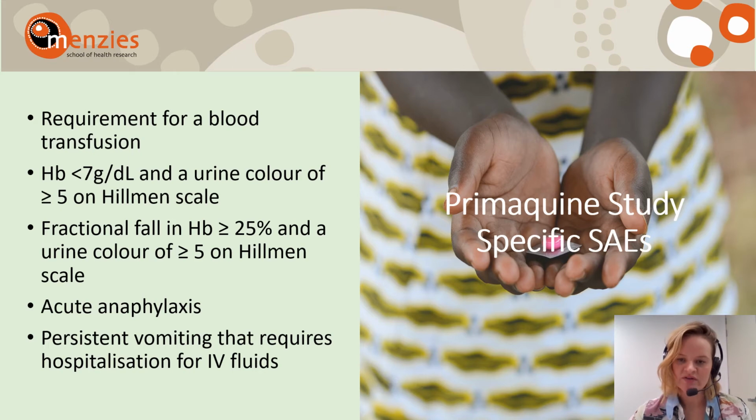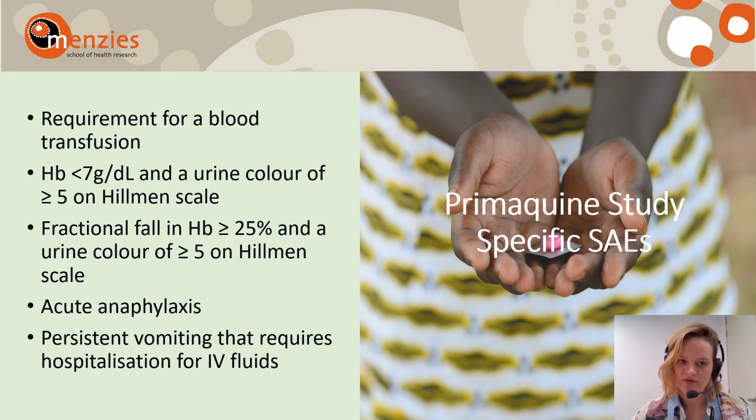In our specific studies, we use primaquine, and in particular studies, tefenaquine, and we have some study-specific SAEs that are immediately notifiable to the Menzies and the site investigator team.